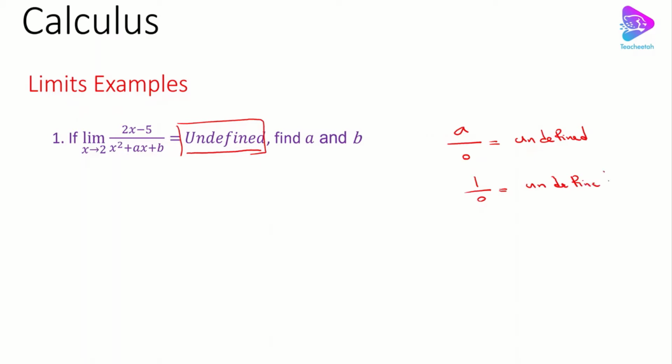Okay, and now if we look at this problem, similar to any other limit problem, the first step is to plug in the value that we are approaching, and here we are approaching 2.